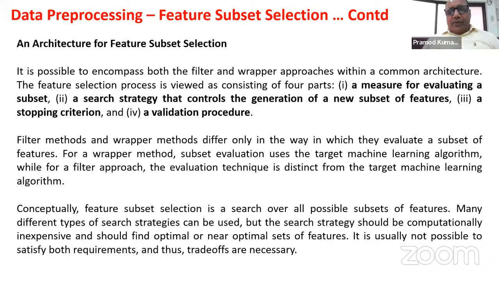Why an optimization problem? Because this is basically a search space, and in this search space a lot of subsets are there. It depends on n. If n is large, then the search space may consist of millions of subsets. So millions of different answers are there, and each subset is basically an answer.